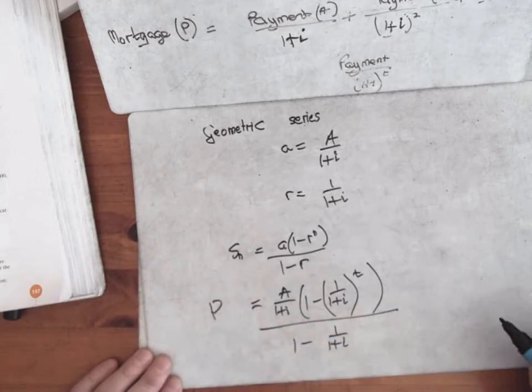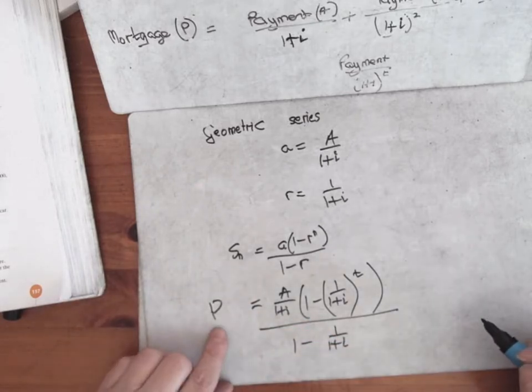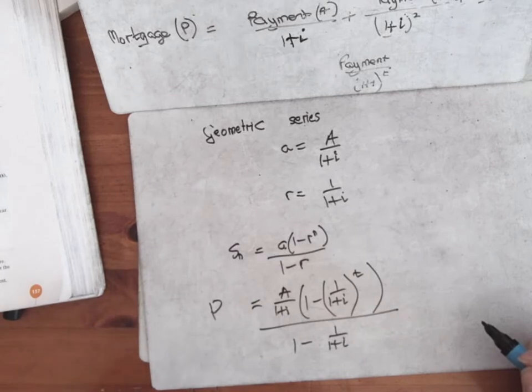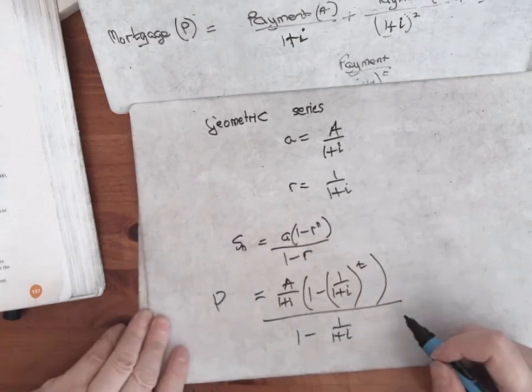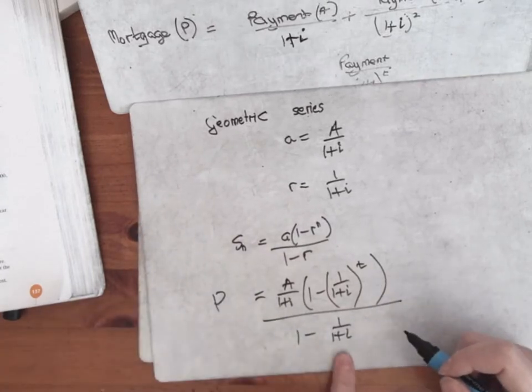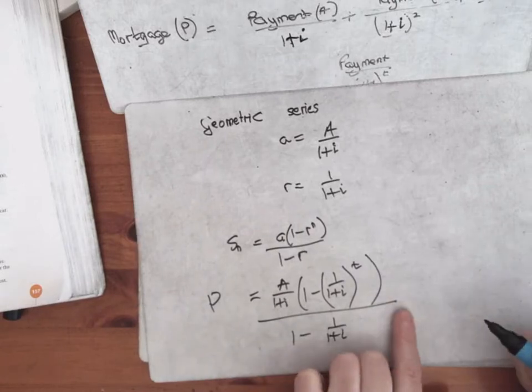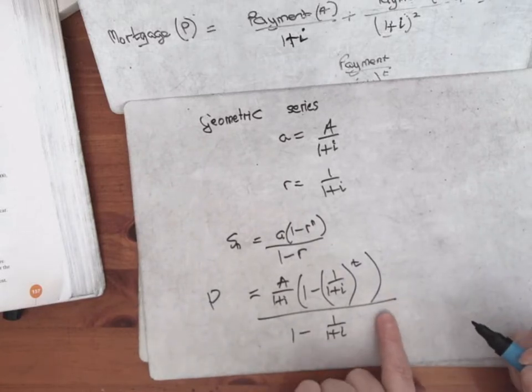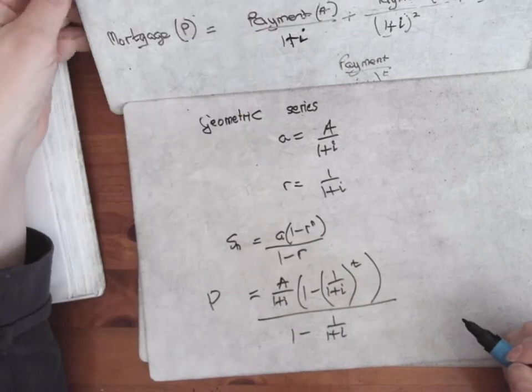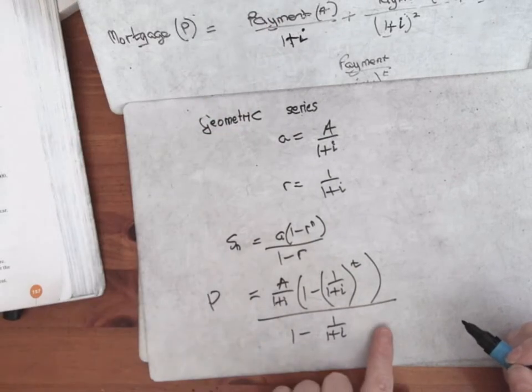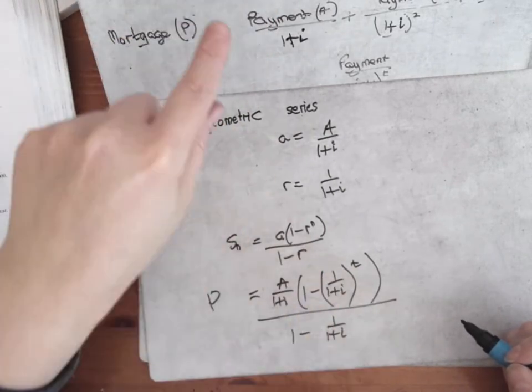Your principal is how much you borrowed, 200,000, 150,000, whatever. Now I'm basically done, but I have to manipulate that to look like the formula I wrote down at the top.